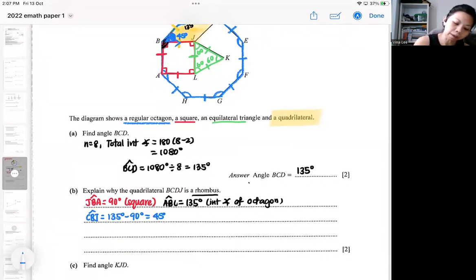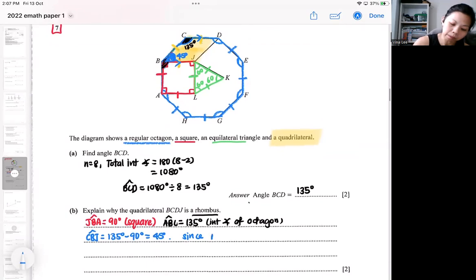So from here, I can explain that since BCD, that means the original one here, plus the one that I just found, adds up to 180 degrees.